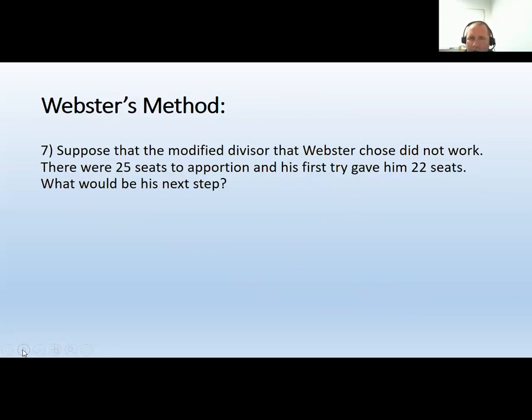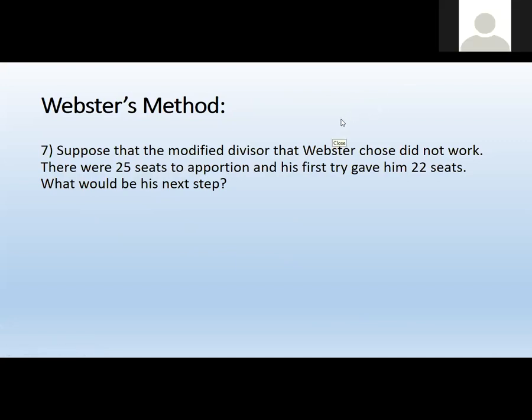When you choose your modified divisor, divide the population of each group by it, and start apportioning your items, you should get the same number of items that are being apportioned. There were 25 seats to apportion, but his first try gave him only 22 seats apportioned. So what would be his next step? Would he want to lower his divisor or raise his divisor?